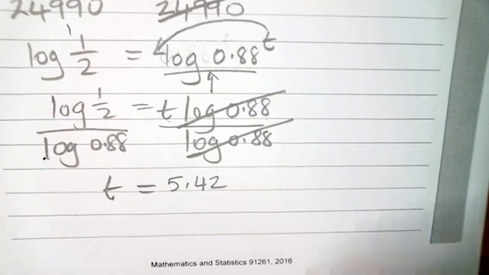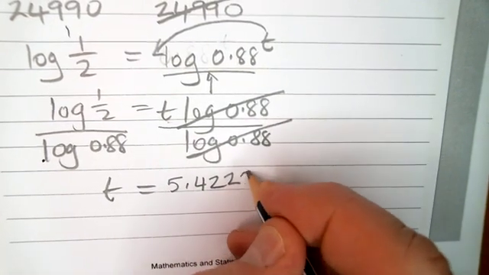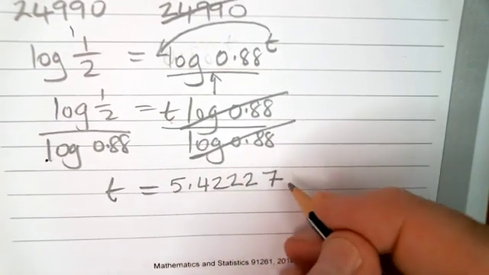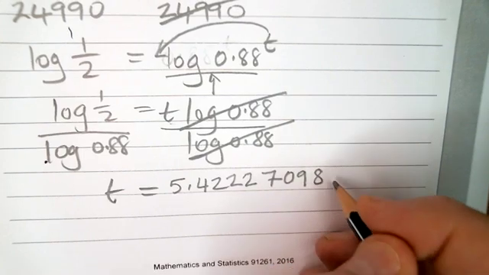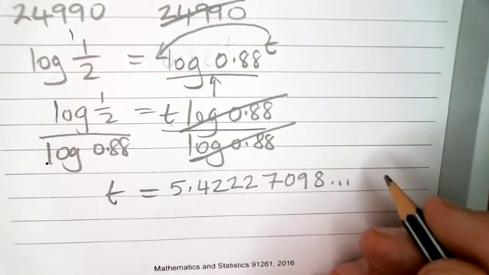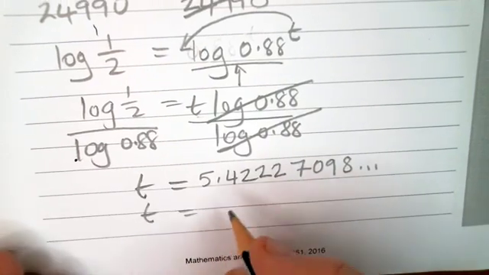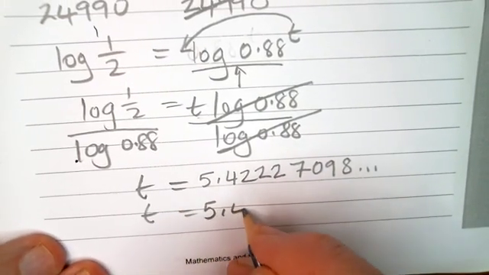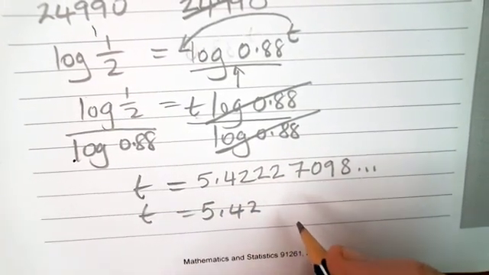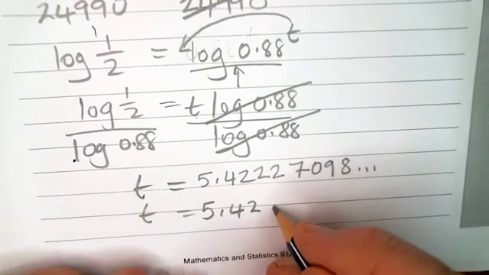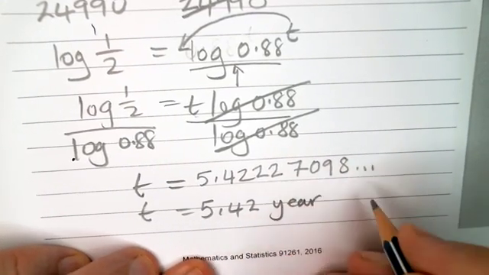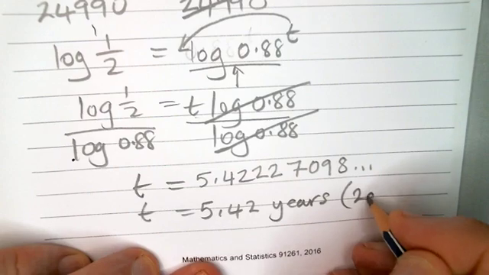I'm actually going to write all these decimal places out: 5.42227098. You should write the whole thing out. Much better idea. Now let's whittle this down to 2dp, which is 5.42. The time is in years, so I'll put years here, and I put 2dp.